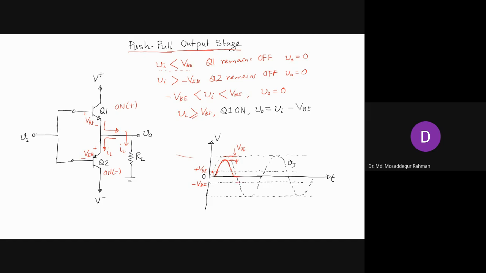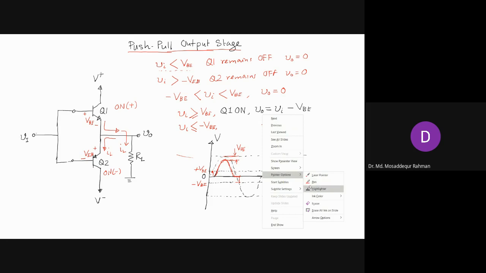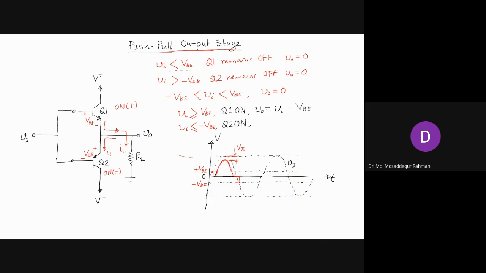And then when it reaches minus VBE, what happens? Q2 turns on, right? Now Q2, the PNP transistor. So when Vi is less than or equal to minus VBE, Q2 is on, and V0 will in this case be Vi plus VBE.